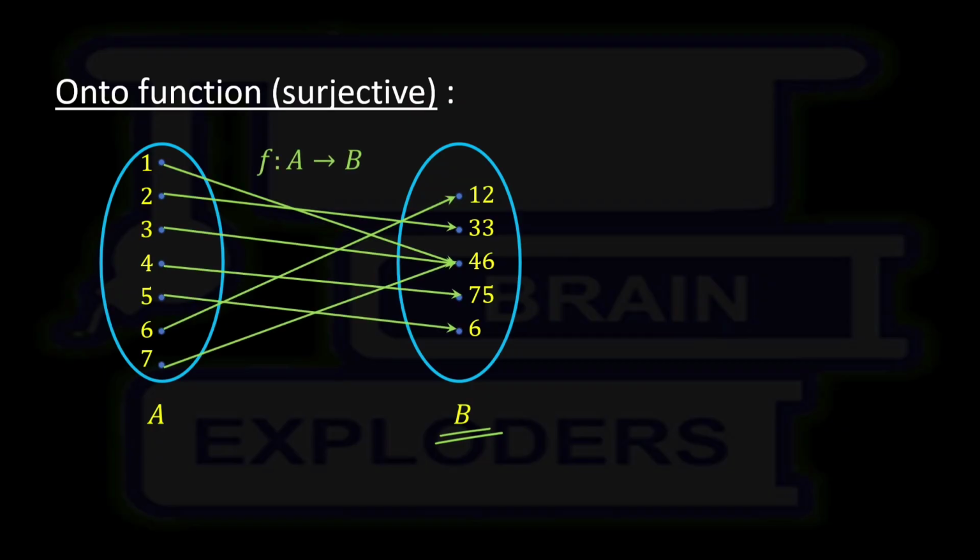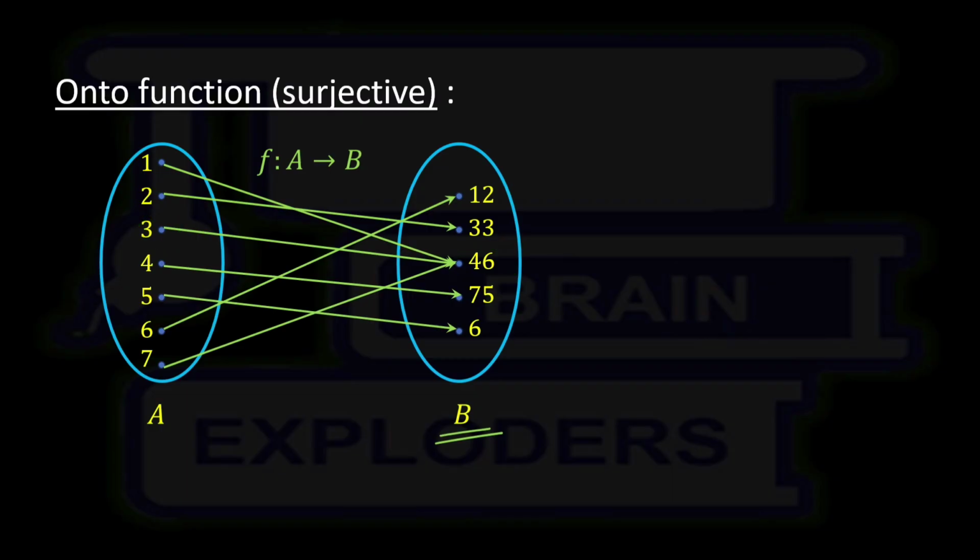So here you can see that all the elements of B are now connected to some element of A, right? And here it is not necessary that the function is one-one. So two or more elements of A, like 1 and 3, are connected to the same element, right? So it is not necessary that this function is one-one.